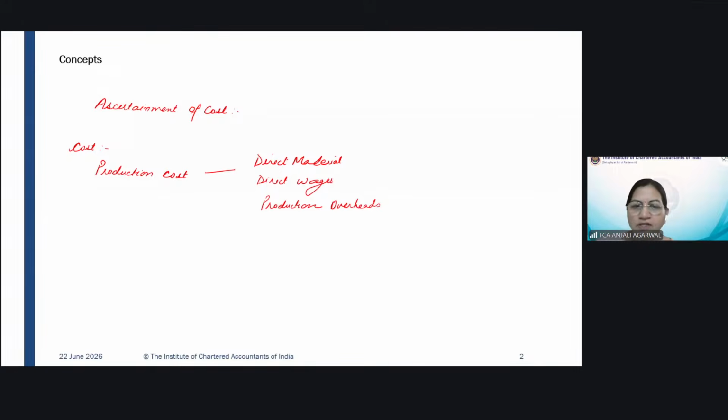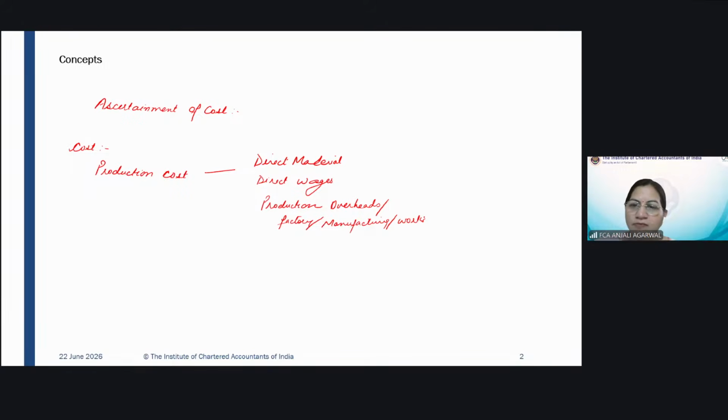You may call them production overheads or factory overheads, or you may call it manufacturing overheads or works overhead. So if you're manufacturing something or producing something, you may call that production, manufacturing, and works.